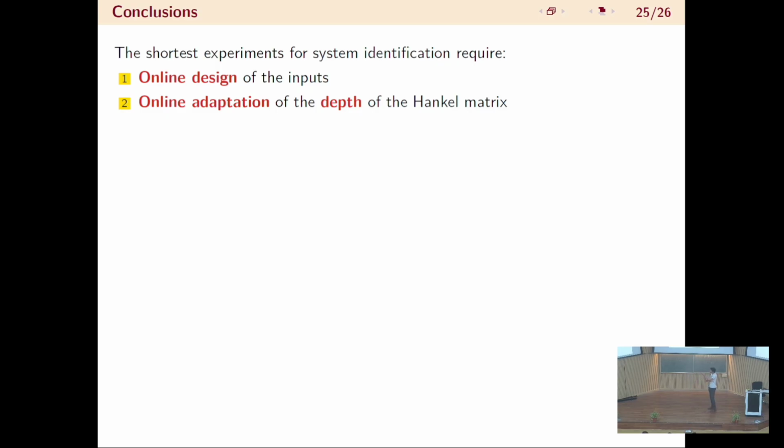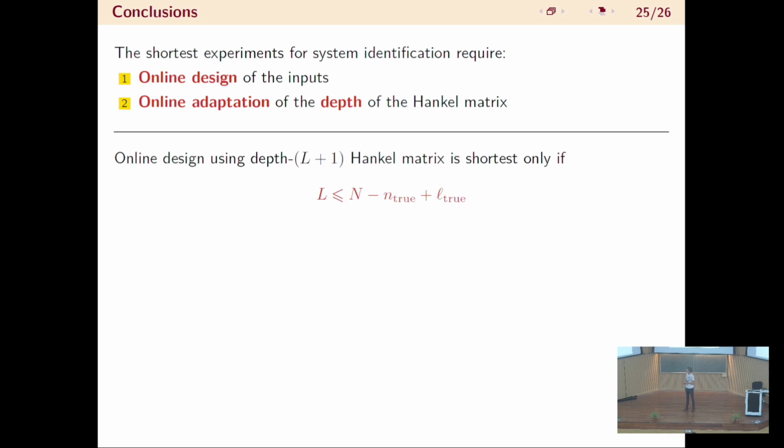And also an online adaptation of the depth of the Hankel matrix. Right? So we cannot work with this fixed depth Hankel matrix anymore. We vary it from depth 1 onwards. Working with a fixed depth Hankel matrix only yields the shortest experiments in particular scenarios, namely if this inequality holds.